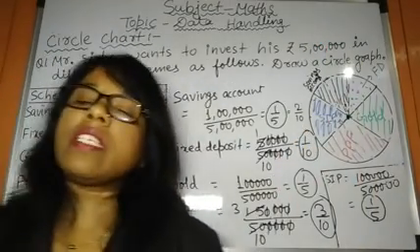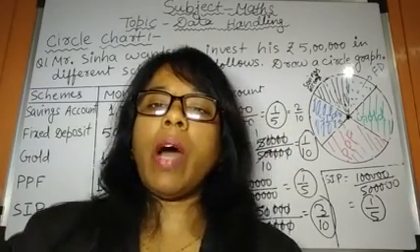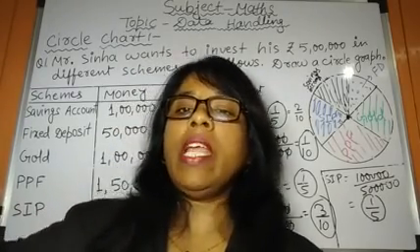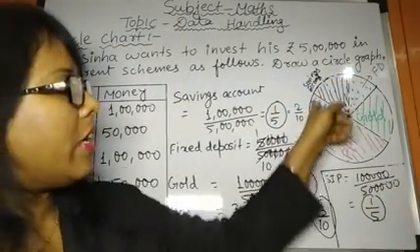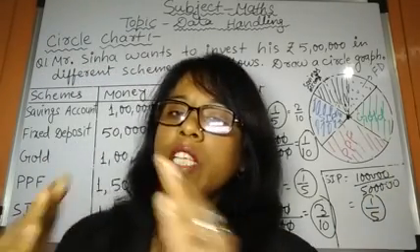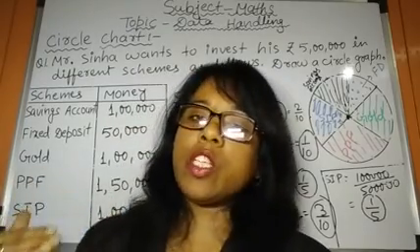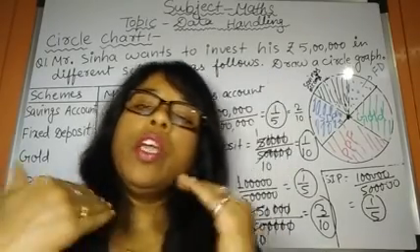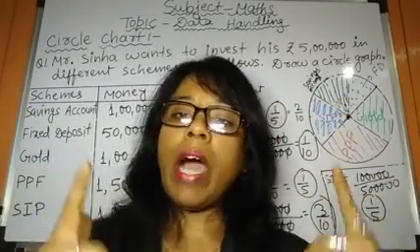So whenever Mr. Sinha wants to see which part of his money he has spent in which scheme, he can easily see with the help of this pie chart. Whenever you want to manage your money or resources, you have to use a circle graph or pie chart.